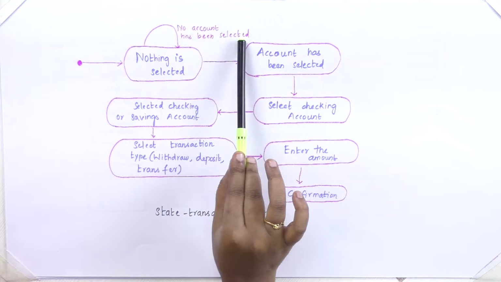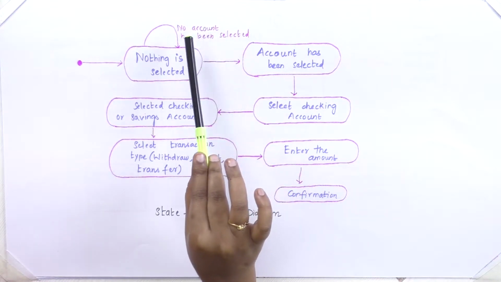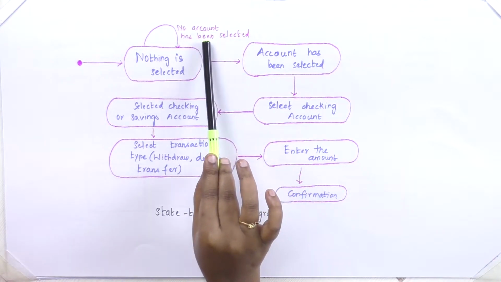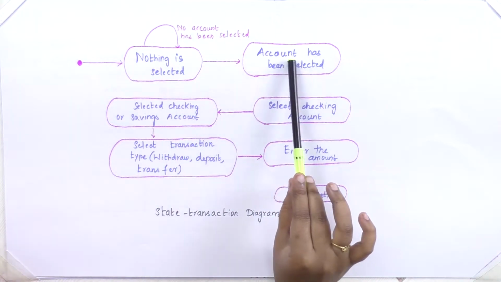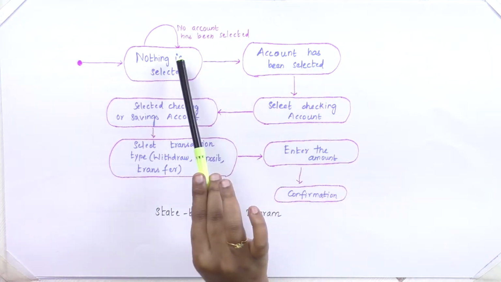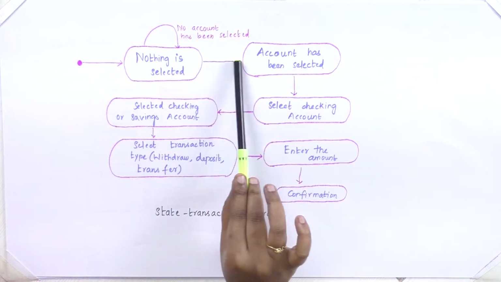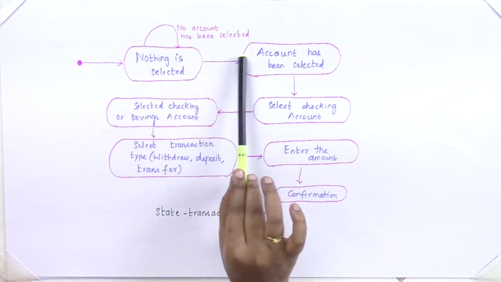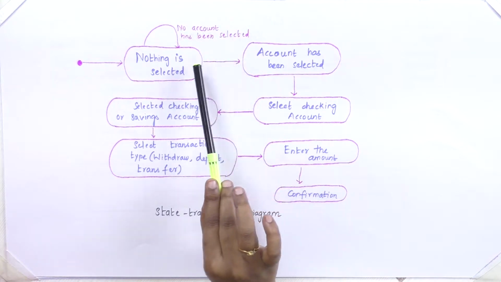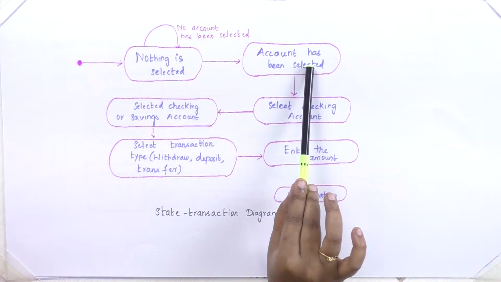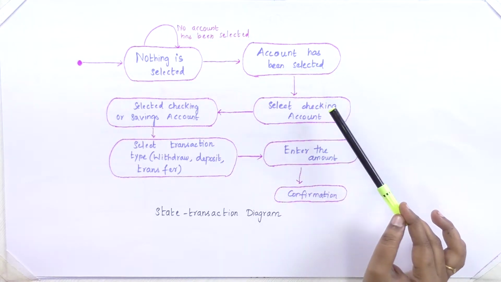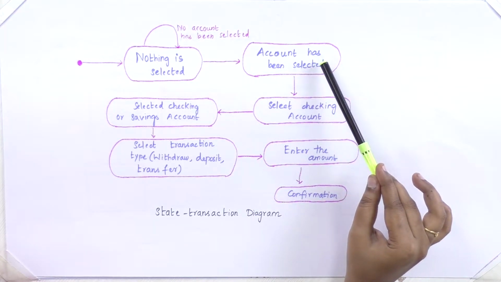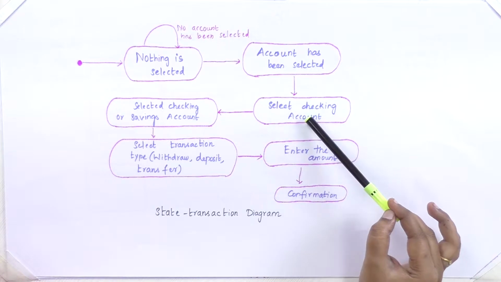Whereas if an account is selected, that is, if my event of selecting an account takes place, then the nothing selected state will move to the account selected state. So the movement from one state to another is represented by this arrow symbol. This is a transition. After the account has been selected, if you select the checking account, then the state will move to the checking account state.